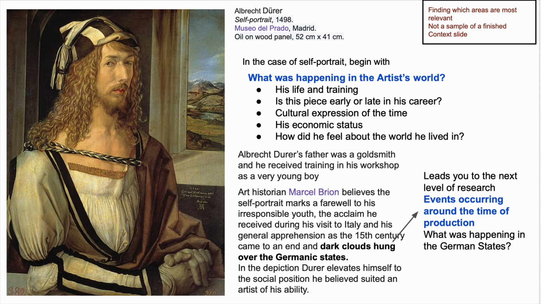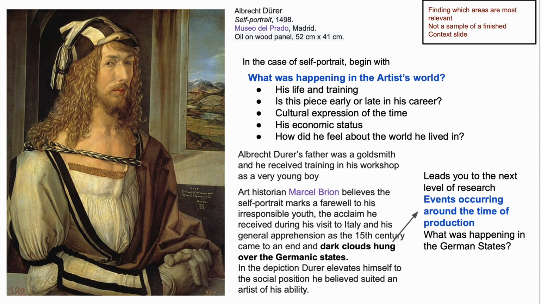In the depiction, Dürer elevates himself to the social position he believes suited to an artist of his ability. So he's actually elevating himself, and I read about that, and that's what went into this little piece of information on my cultural context slide.